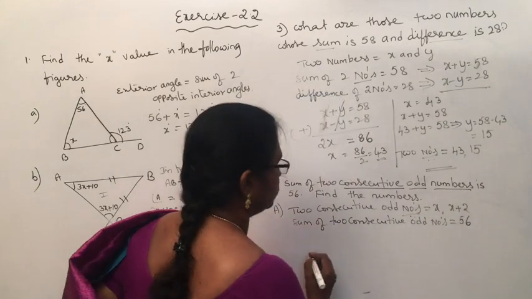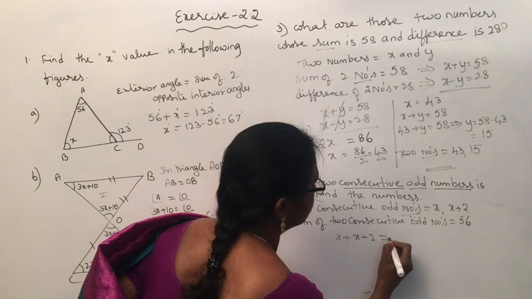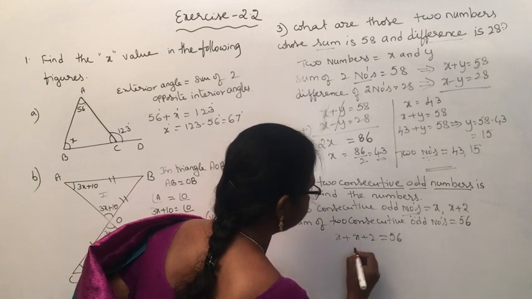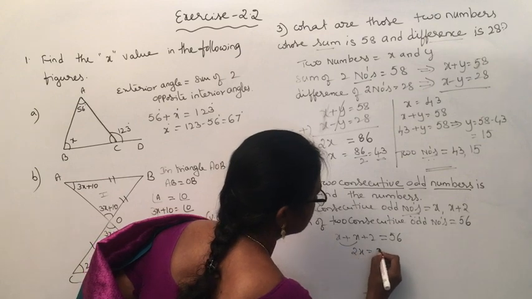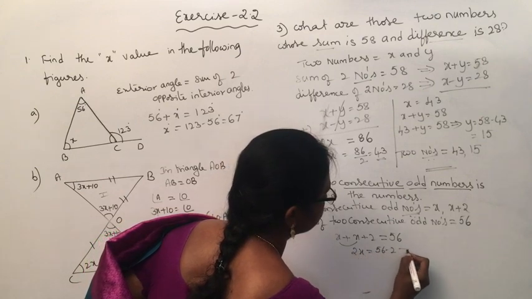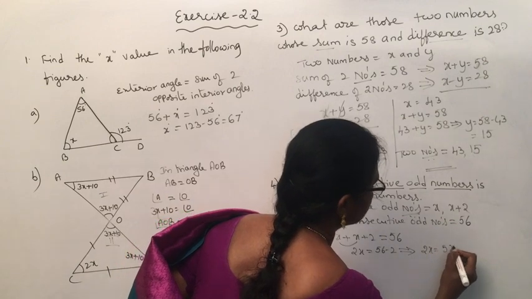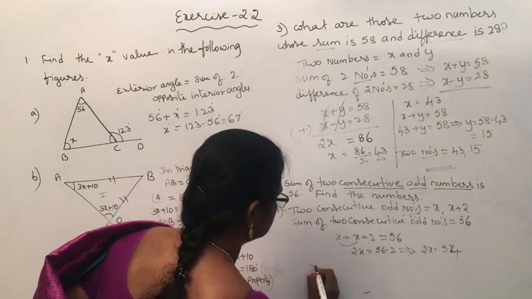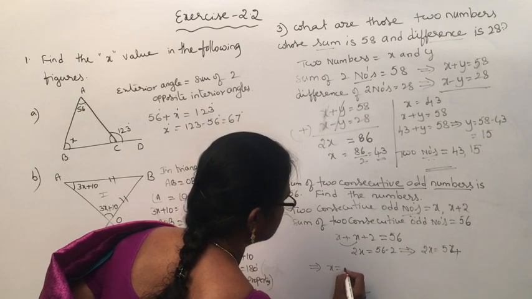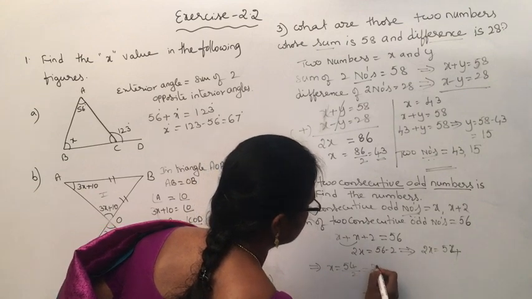Then sum means we have to add: x plus x plus 2 is equal to 56. 2x is equal to 56 minus 2. 2x is equal to 54. Then x is equal to 54 by 2 is equal to 27.